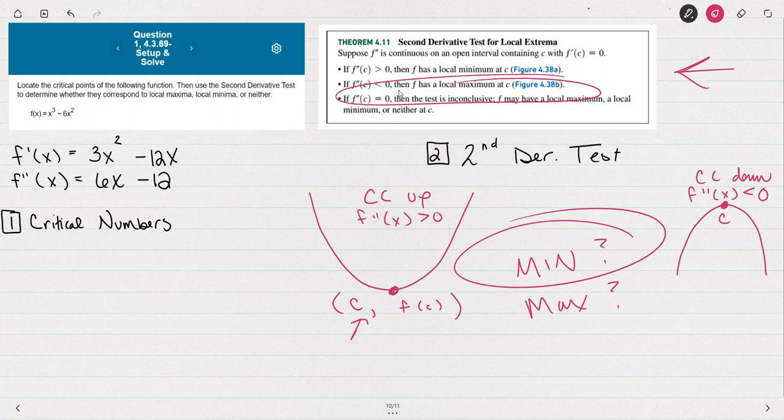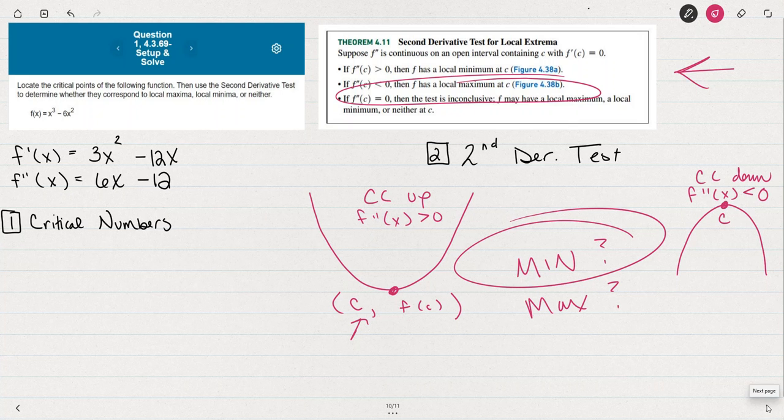So there are some things in math that when you step outside of reading the text and trying to understand the symbols and the wording, if you can just step outside of that and think about what it's doing, it makes a lot of sense. And I think the second derivative test is one of those cases.